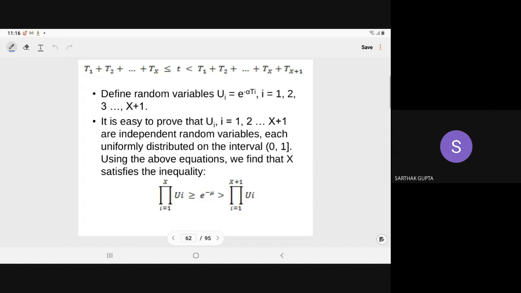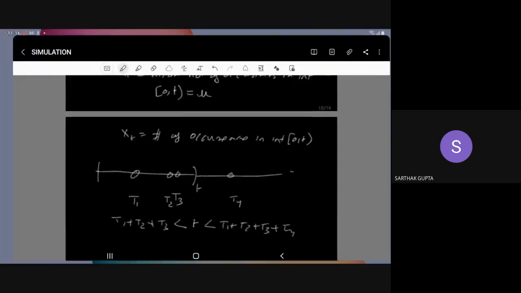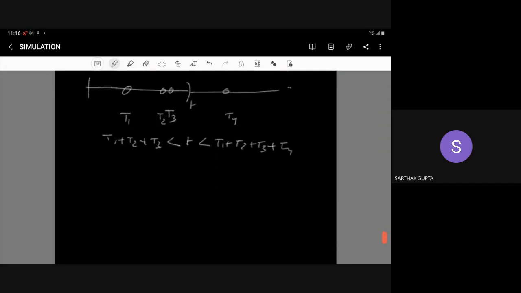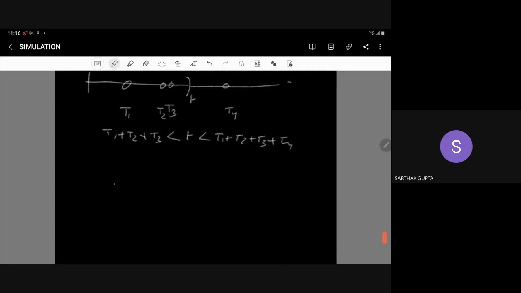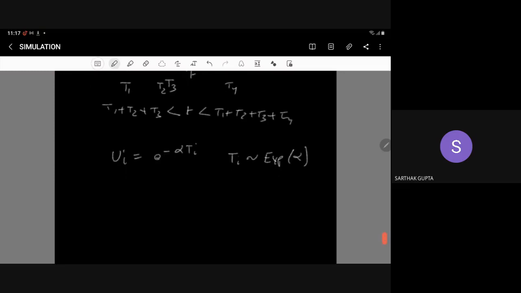So let ui be equal to e to the power minus alpha ti, and ti has the exponential distribution with parameter alpha.